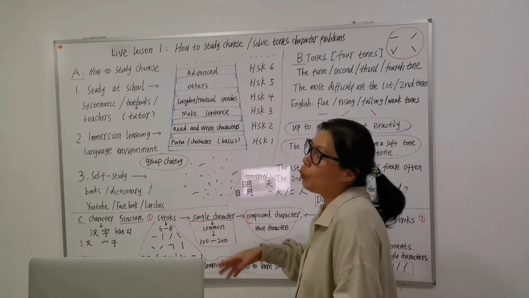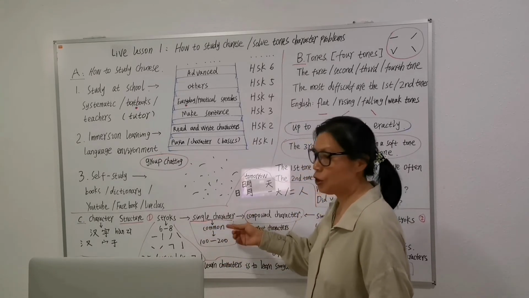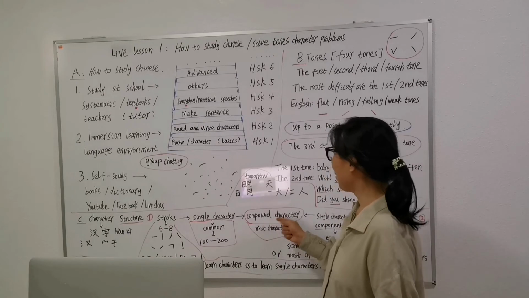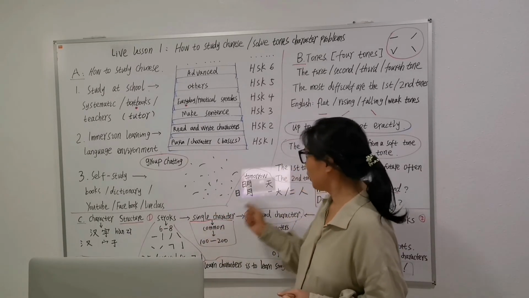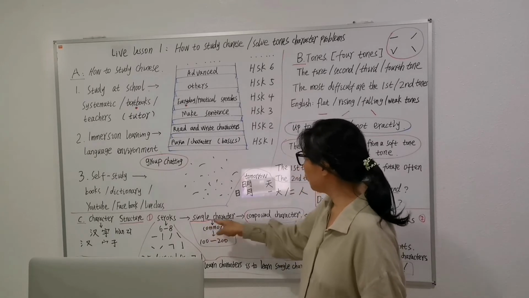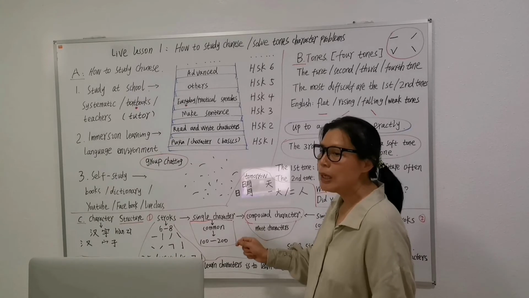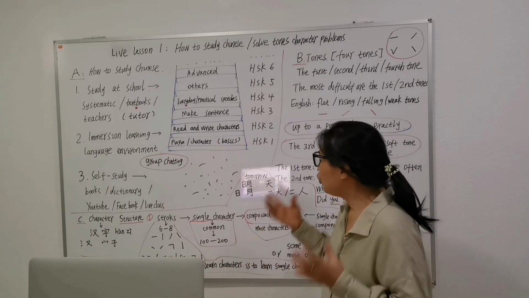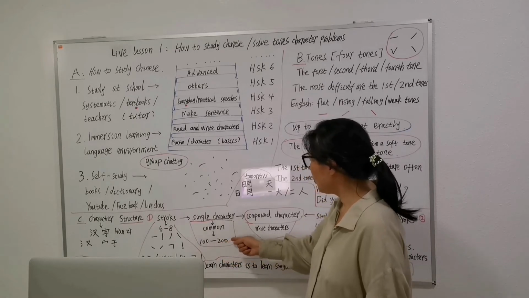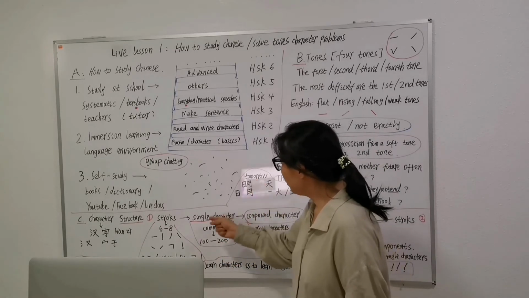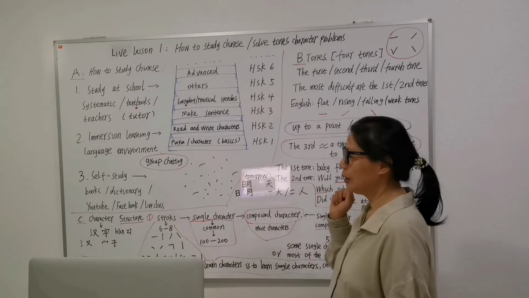So you only need to know those single characters, and you can write compound characters. And there are few single characters. Common single characters are only 100 to 200. That's to say, you only need to learn 100 to 200 common single characters. Then you can write compound characters.